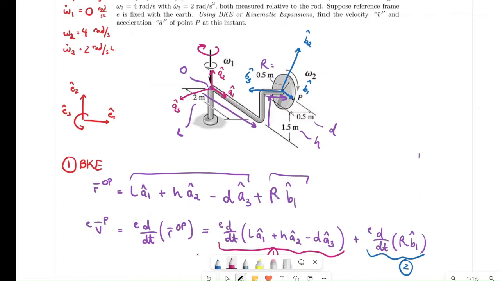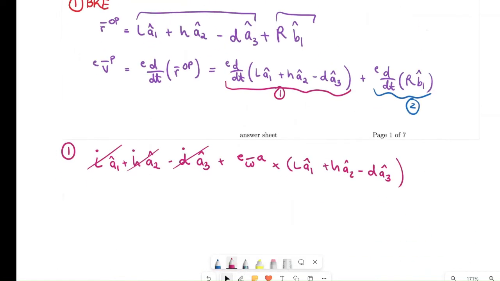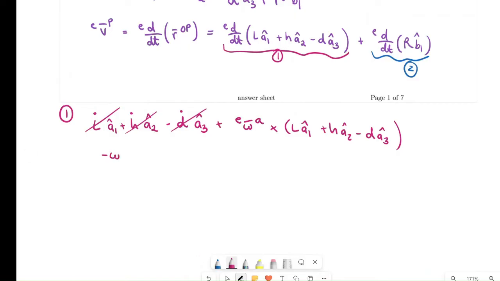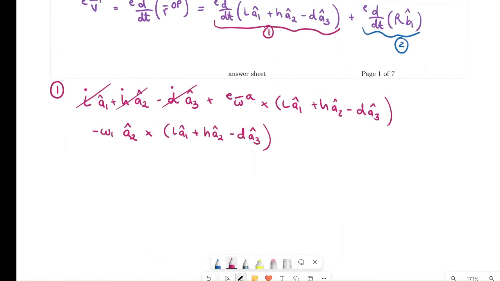So it's pointing opposite the A2 hat direction. So the angular velocity is going to be omega 1 in the negative A2 hat direction. So negative omega 1 A2 hat crossed with L A1 hat plus H A2 hat minus D A3 hat. And then you can do whatever cross product you prefer.